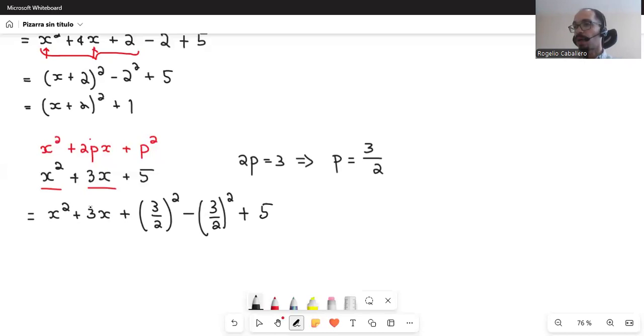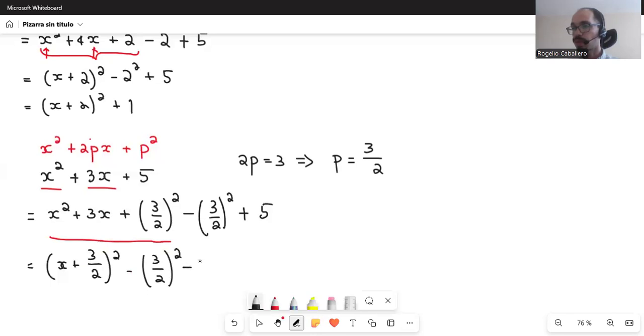So what am I going to do now? Now I'm going to take my PST, the 3 terms that constitute my PST, and factorize them. So we have x plus 3 over 2 squared, and then we have minus 3 over 2 squared plus 5.